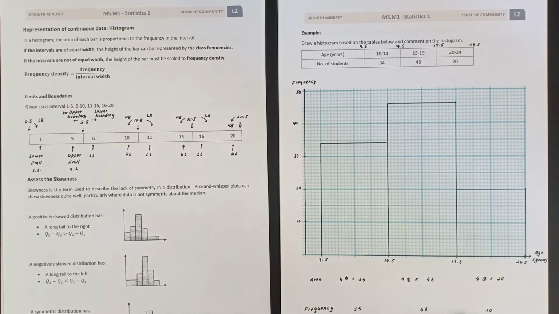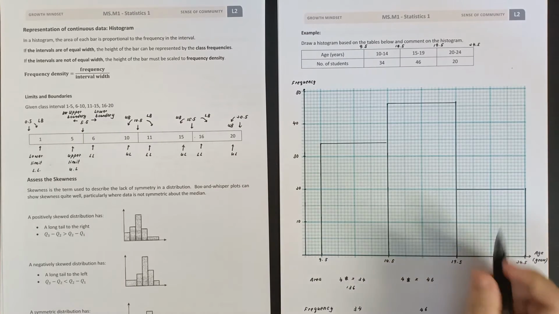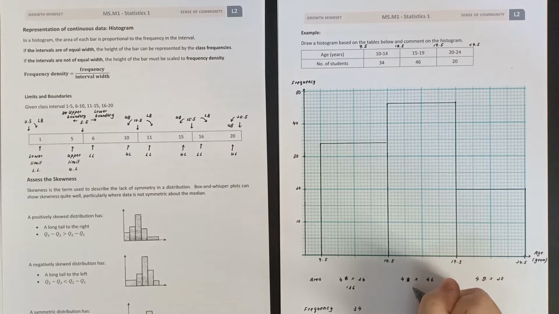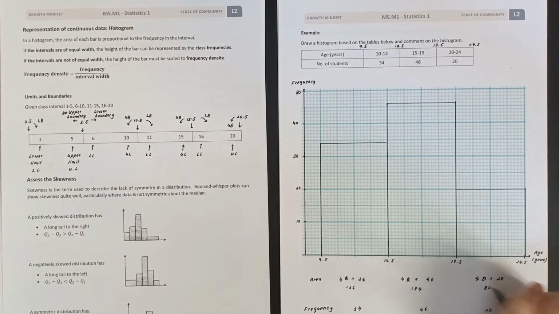If we use everything divided by 2, then you get 17, 23, and 10. For the areas, I get 136, 184, and 80.